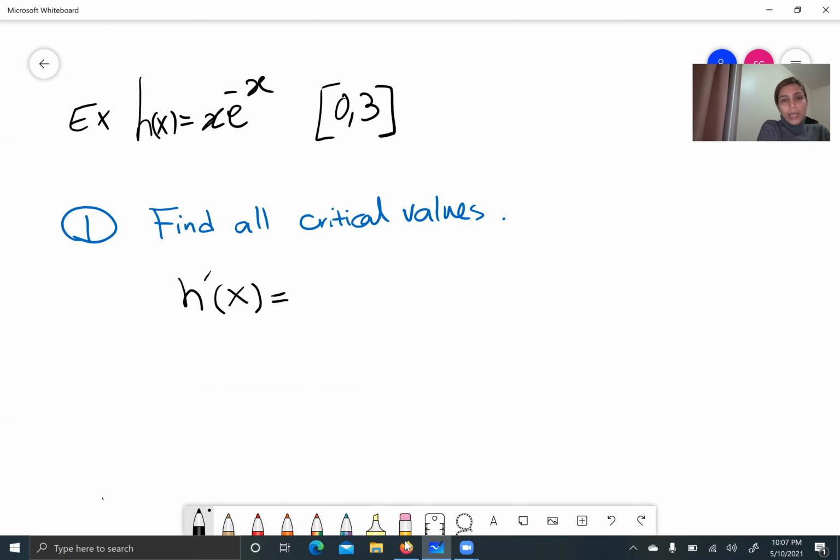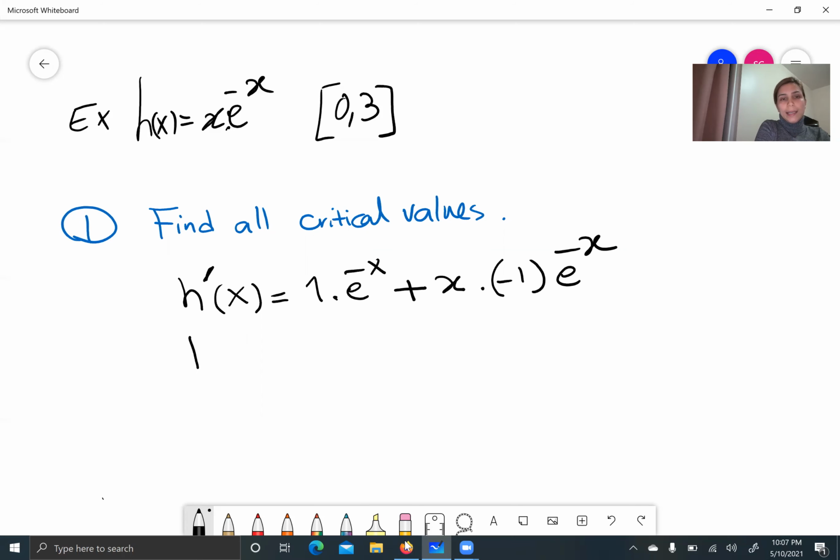To calculate the derivative, because this function is defined as the product of x times e to the negative x, I need to apply the product rule. The product rule says that it's going to be the derivative of the first times the second function plus the first function times the derivative of the second function, which is going to be negative 1 times e to the negative x.